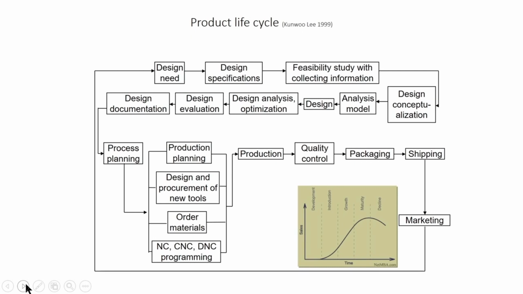As you can see on the screen, the product life cycle starts with the marketing. The marketing people will provide the inputs to the design team. So, based on those inputs, design activities will be carried out, and after that the manufacturing activities will be performed.